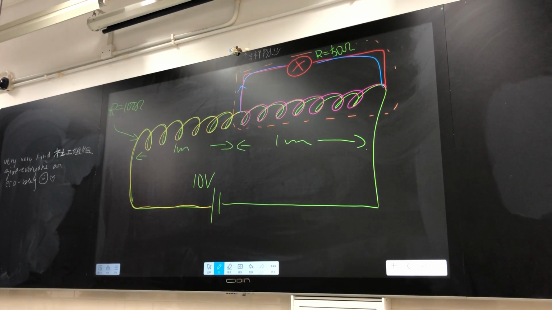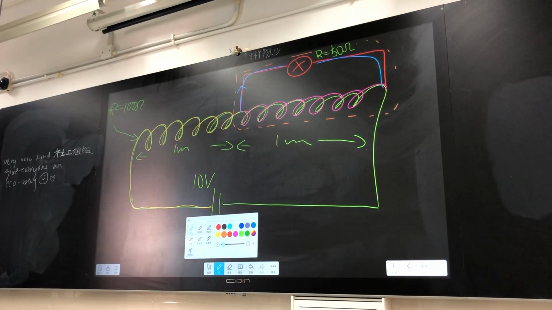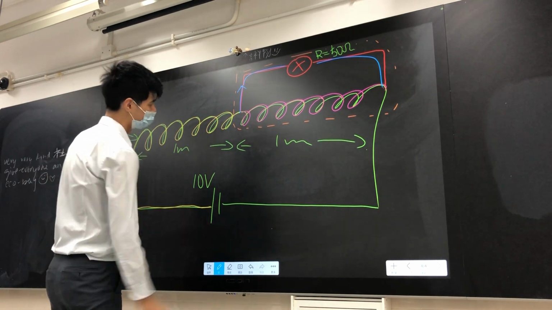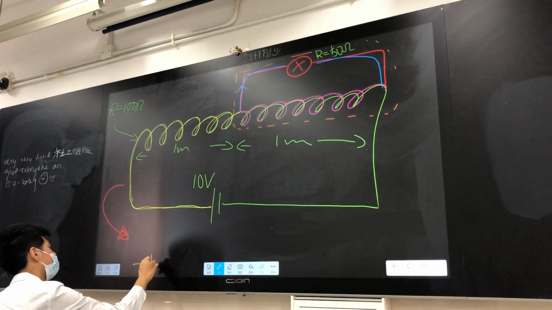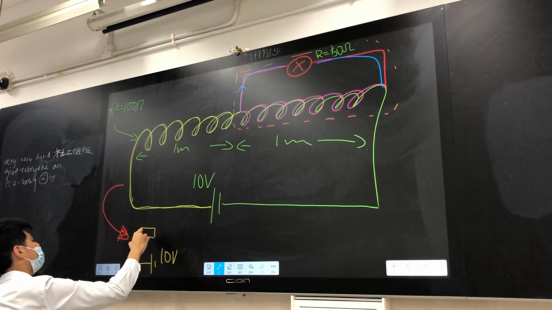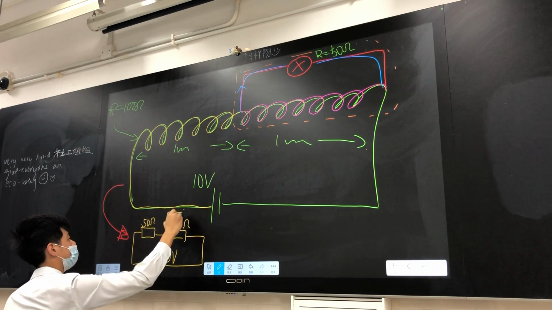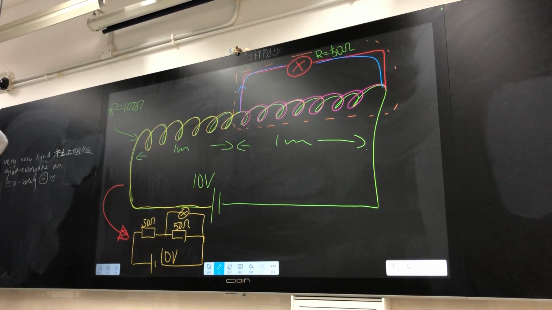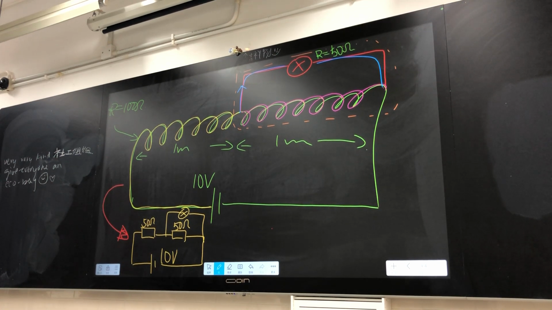Find the current passed through the light bulb now. Okay, so actually we can redraw the circuit as in the diagram below.